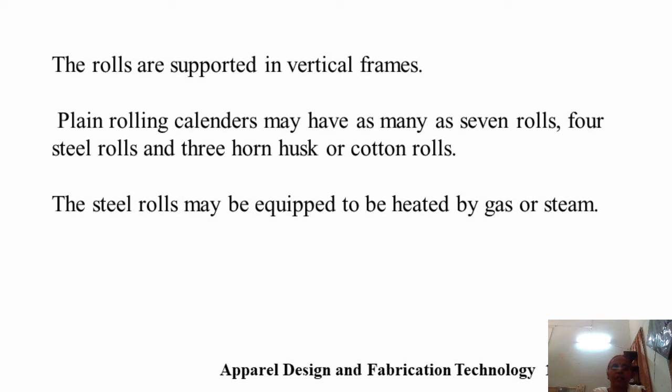The rolls are supported in vertical frames. Plain rolling calenders may have as many as 7 rolls, 4 steel rolls and 3 husk or cotton rolls. The steel rolls may be heated by gas or steam.